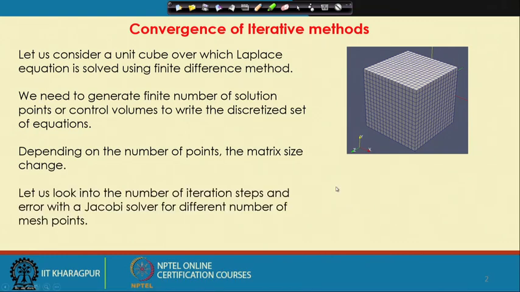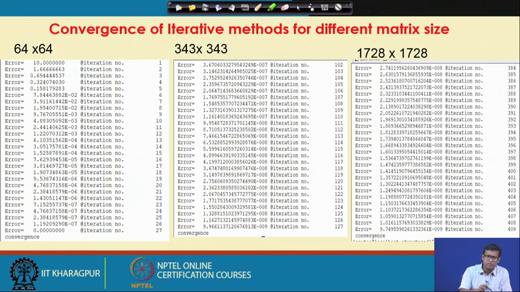And now, let us look into the number of iteration steps required and how the error, that is the L2 norm of the difference between the solution vectors at different iteration levels, reduces for a Jacobi point solver when in the same geometry we take different numbers of grid points. The first one has 4 internal points in each direction, and all the outer boundaries are Dirichlet boundaries, so I am not considering them.